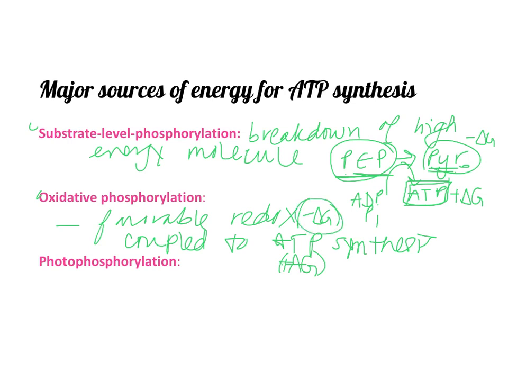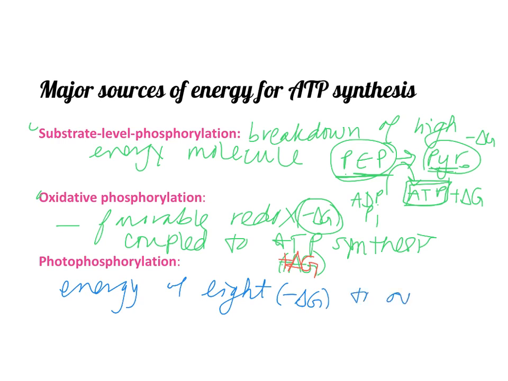It releases a lot of energy, and that can be coupled to the plus delta G of ATP synthesis. And then the last one, photophosphorylation, is just you use the energy of light to synthesize ATP.